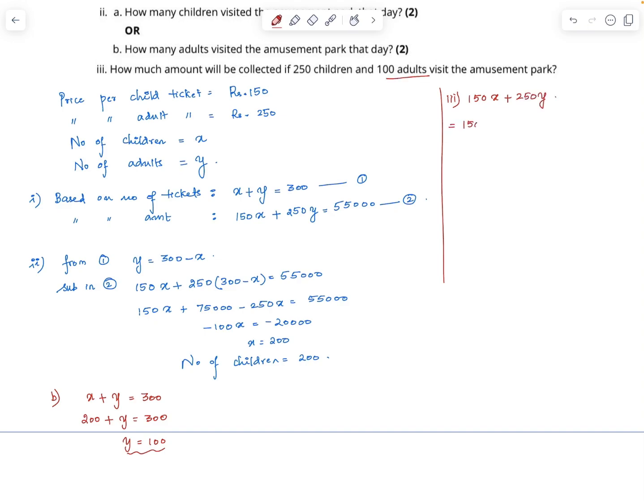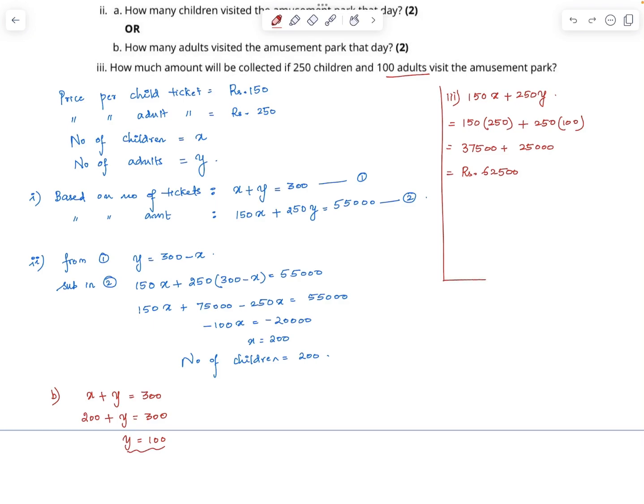Here the number of children visited is 250, plus 250 times the number of adults, which is 100. That is 37,500 plus 25,000, which is equal to rupees 62,500. So this is the amount collected if 250 children and 100 adults visited.